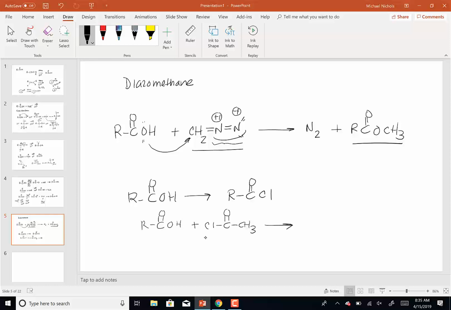No acid present. Is it that the H and the Cl are going to come together? That is true. I'm going to end up forming HCl, and I'm going to end up making that molecule. Does anybody know the name of that molecule?